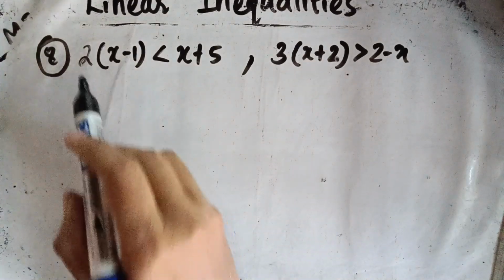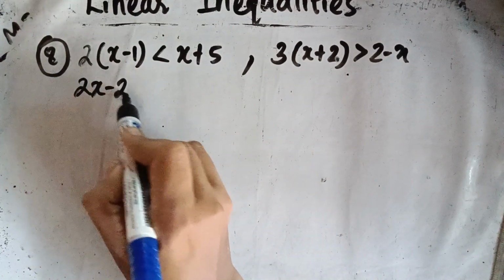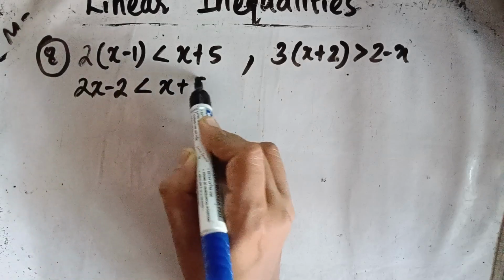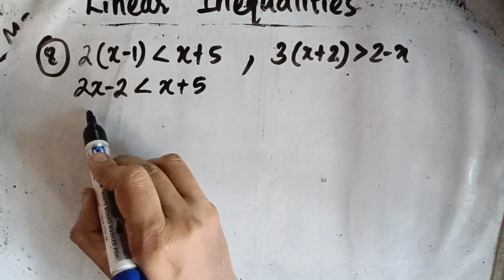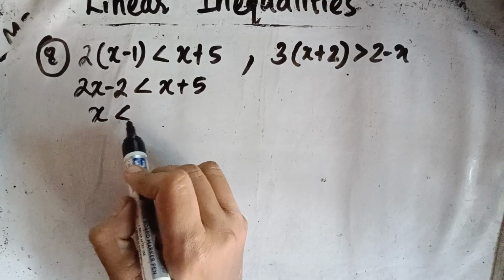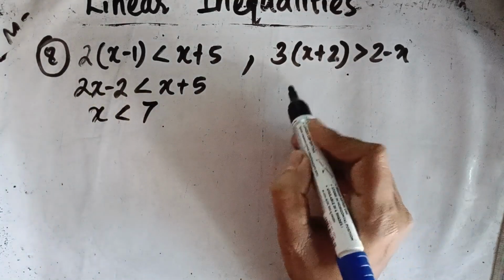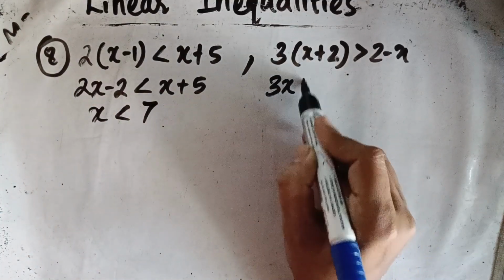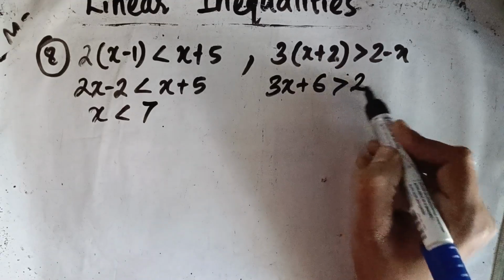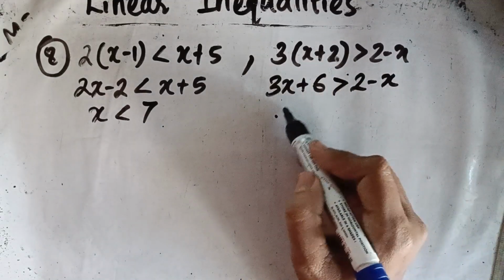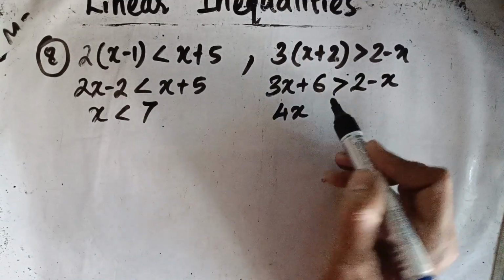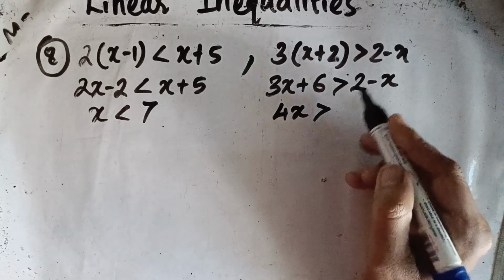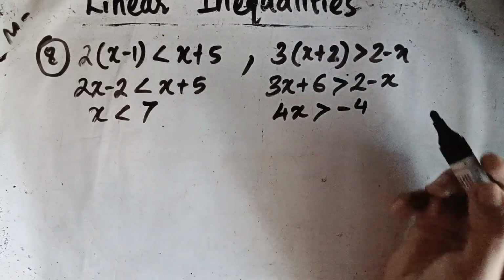Second question. So this is 2x minus 2. 2x minus x is x. 5 plus 2 is 7. 3x plus x is 4x. 2 minus 6 is minus 4.